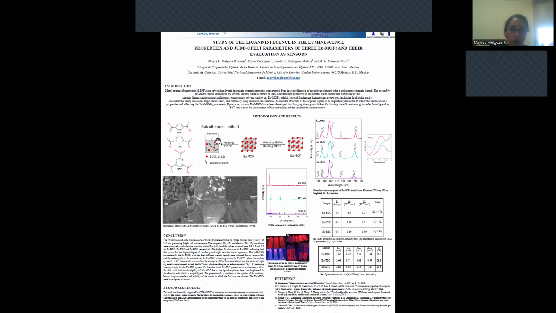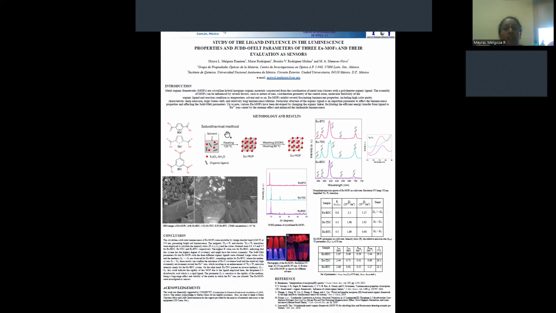In the water the surfactant CTAB was added, and the precursors are dissolved, and the mixture is heated at 120 degrees centigrade for 24 hours.